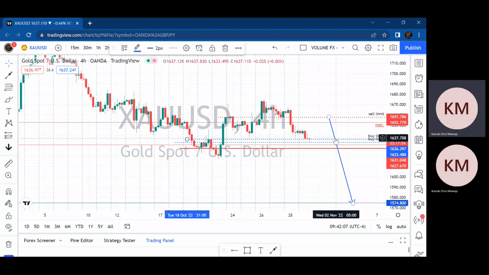Just to get what you are saying: a buy limit is the price that you are expecting it to go down to, so that the order can be executed and then you buy.